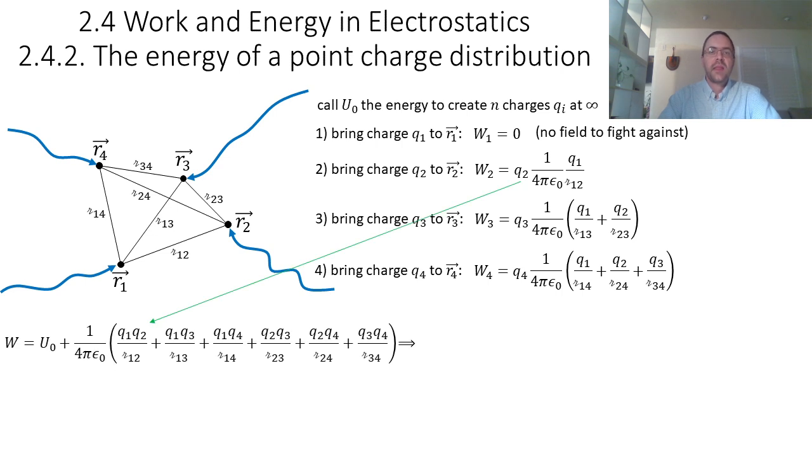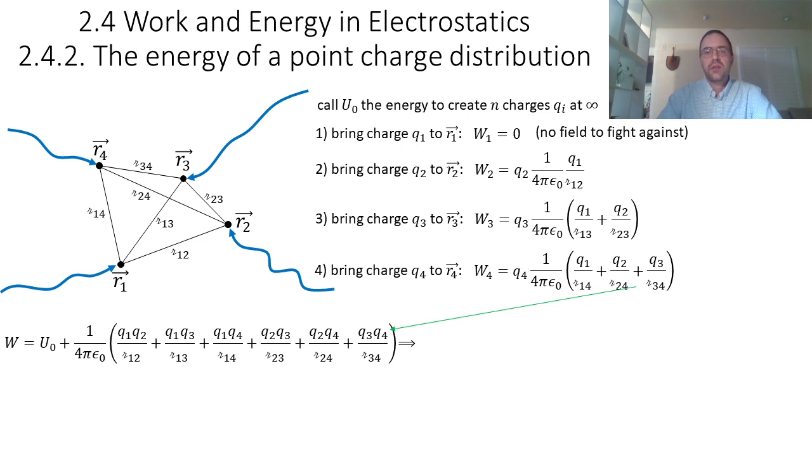So in total, I have U naught plus 1 over 4 pi epsilon naught, Q1 Q2 over curly R12, plus Q1 Q3 over curly R13, plus Q1 Q4 over curly R14, plus Q2 Q3 over curly R23, plus Q2 Q4 over curly R24, plus Q3 Q4 over curly R34.